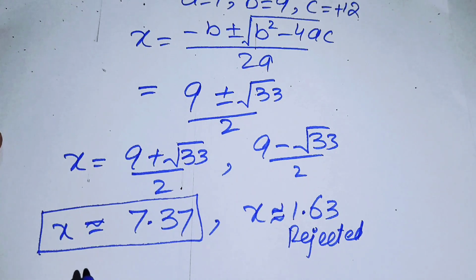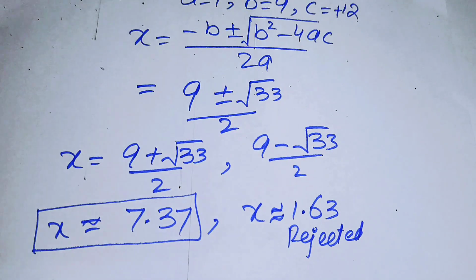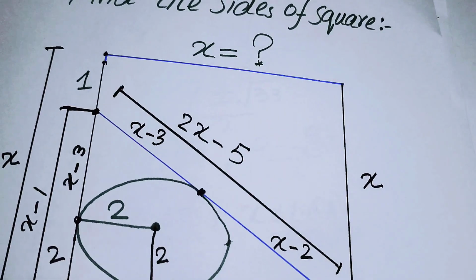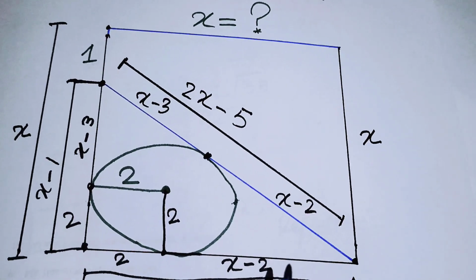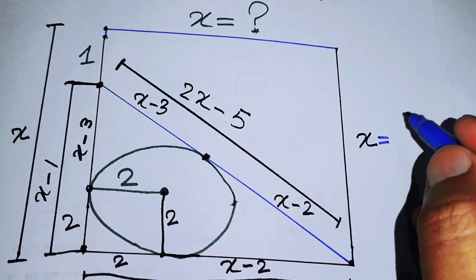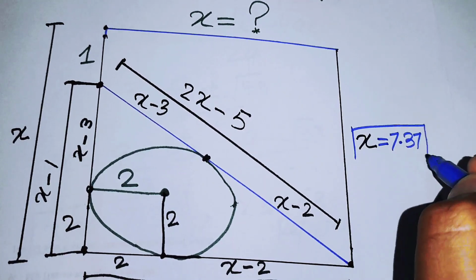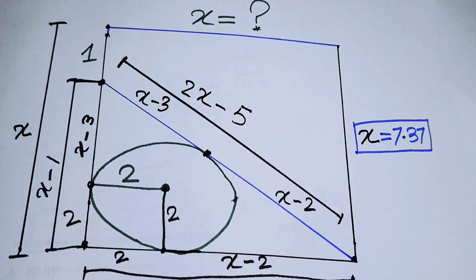Okay, so finally we have x is equal to 7.37 as the side of this triangle. So we have the value of x is equal to 7.37, and this is our final answer to this question.